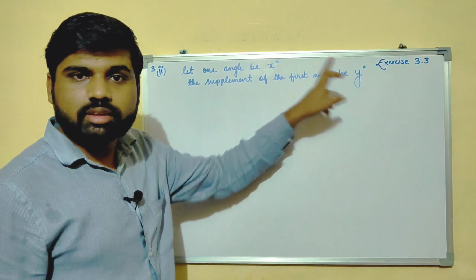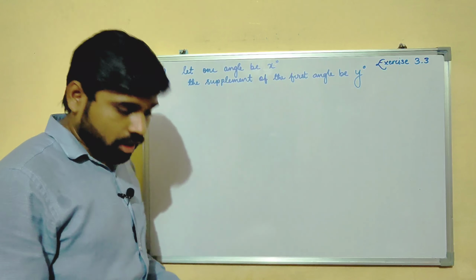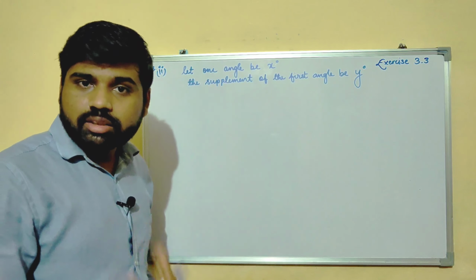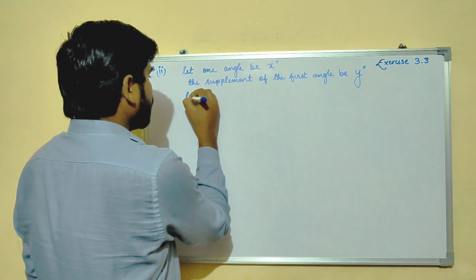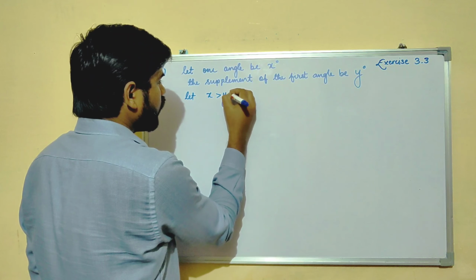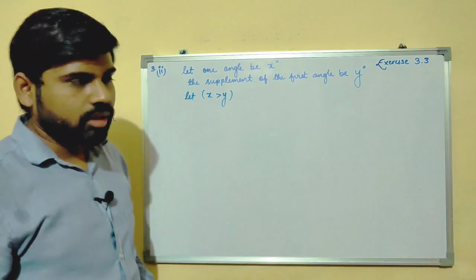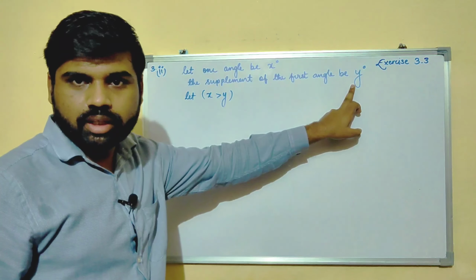What is y here? It is the supplement of x. Now according to the question, it says the larger of the two supplementary angles. Let x be greater than y. That means this angle is greater than the second angle.